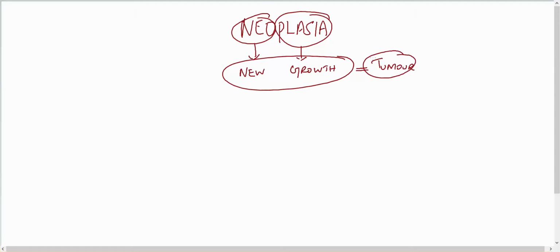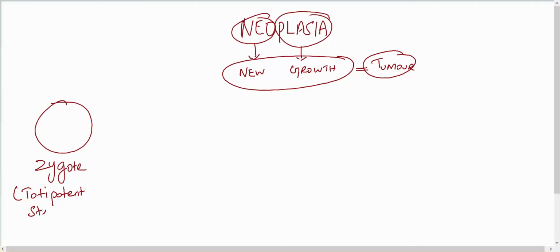So before going to the tumors, let's see how the tissues came from the germ layers. So you all know zygote. You all know the zygote is a totipotent stem cell.